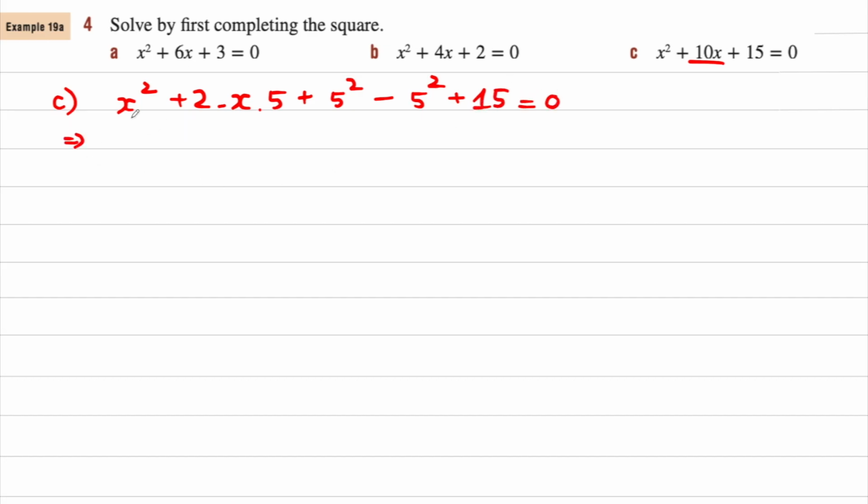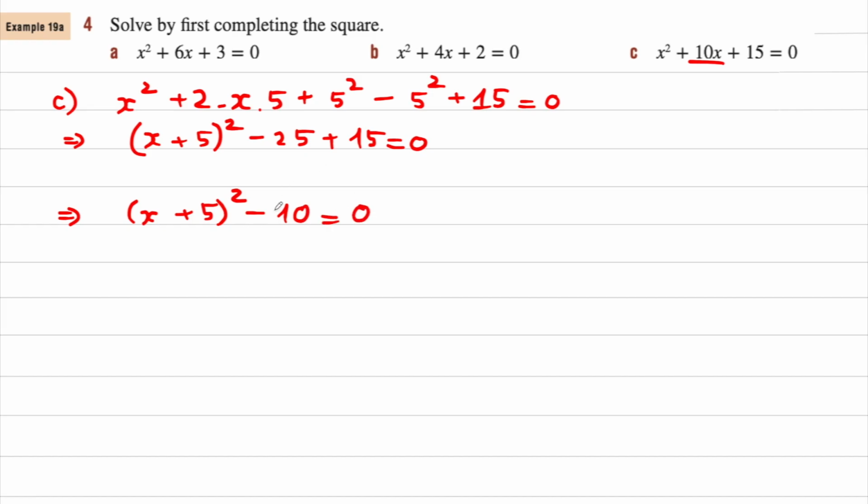The next step, the first three terms, we set up the perfect square, x plus 5 squared, outside minus 25 plus 15 here, equal to 0. So simplify the expression outside the perfect square, you got minus 10. And then I will change minus 10 into a square right now.